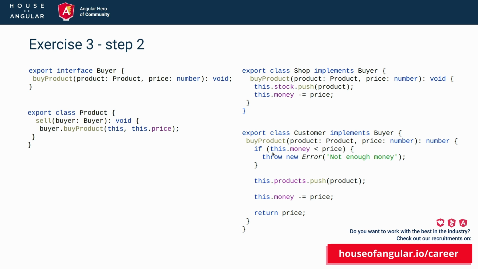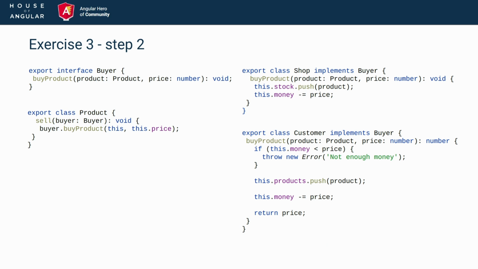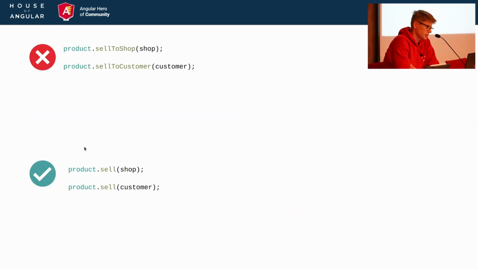So if the customer does not have enough money to buy the product, we do not let him do it. So as you see, the product class is very simplified. Now you can see the usage of this product class: instead of having two methods, we can have one method and use two objects there. And this will be valid.